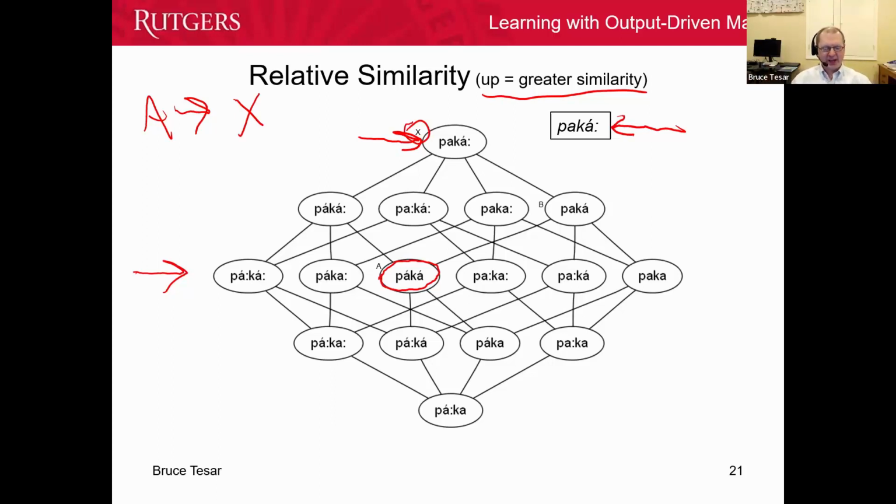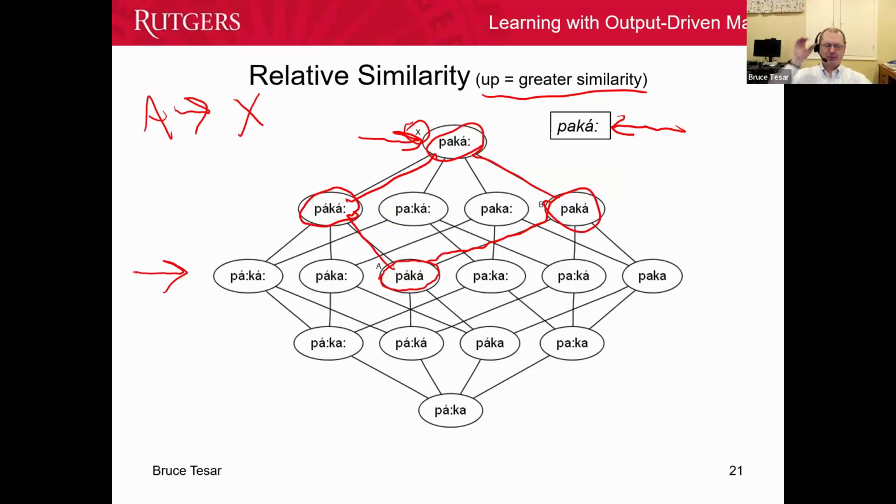If I know that A goes to X, then I know that every input above A in the similarity relation, that's closer to X in this sense, also maps to X. Okay, so in an output-driven map, whether or not an input is required to go to an output is, with regard to similarity, upward entailing.